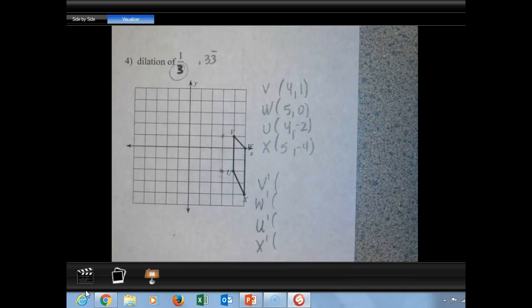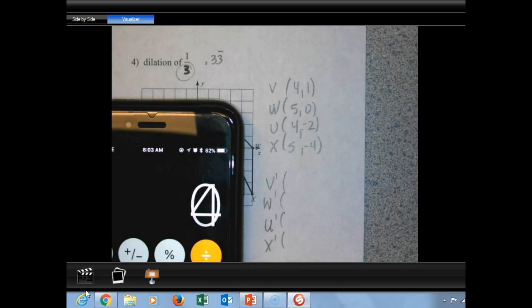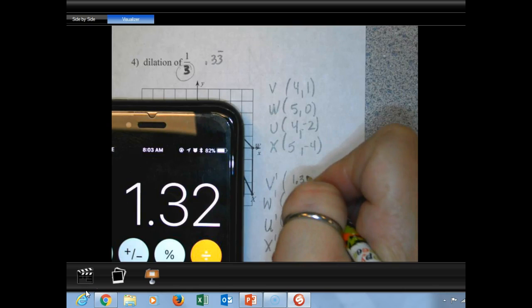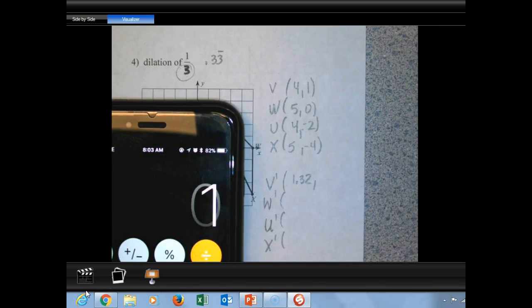Okay, so if I take 4 and I multiply it by 0.33, 4 times 0.33, what do I get? 1.32. Let's take 1 and multiply it by 0.33.